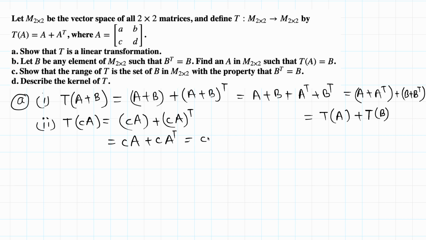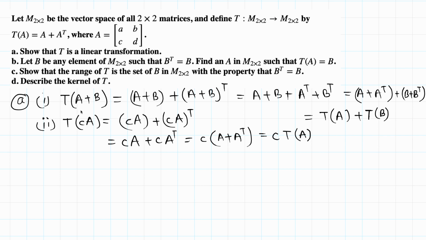From these two we can pull C out, A plus A transpose, and this is in fact just T of A. T of A is A plus A transpose. So we showed that T of a scalar product is just the scalar product of T.